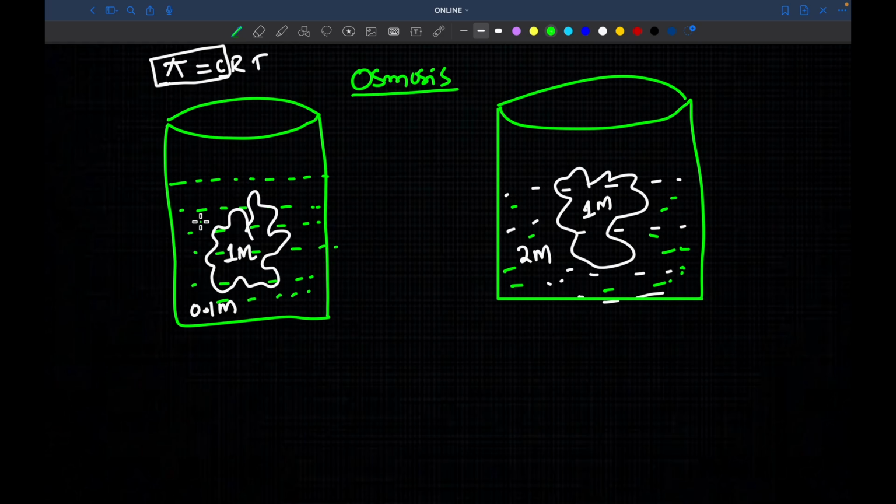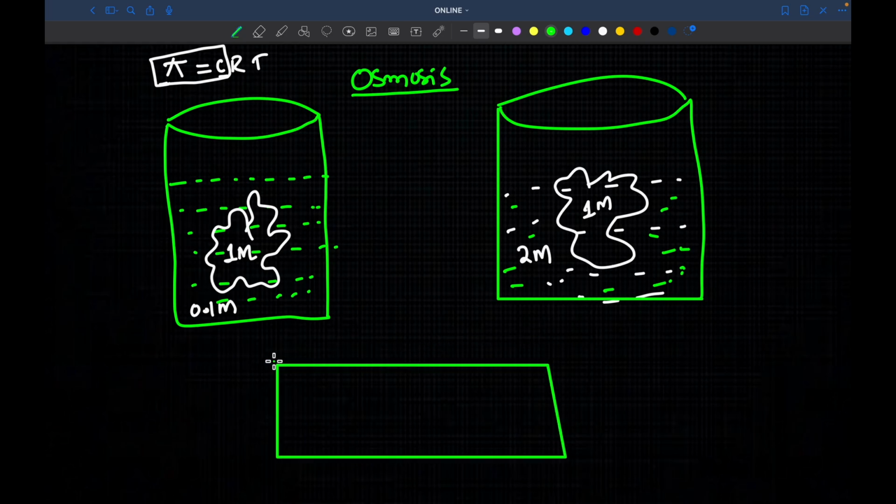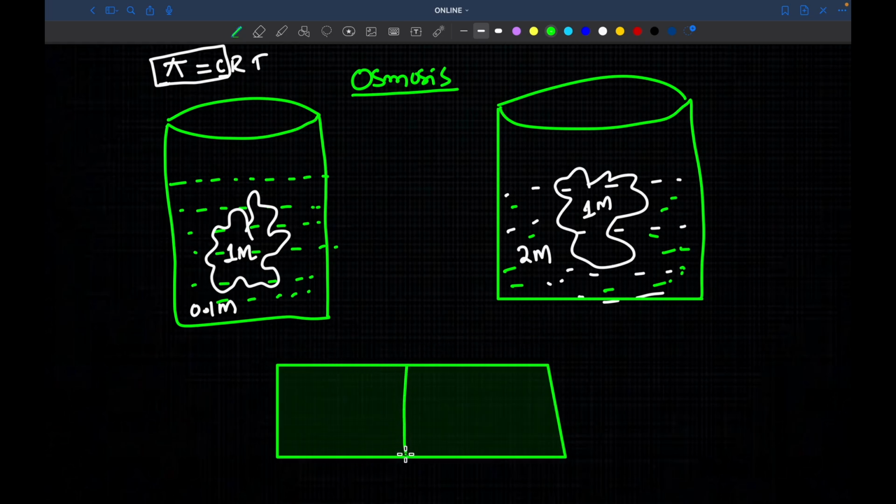So what do you expect here? We saw in the first class that if a chamber is divided into two equal halves, on one side there is 0.1 concentration and on the other side 1 concentration. So how does osmosis take place here?